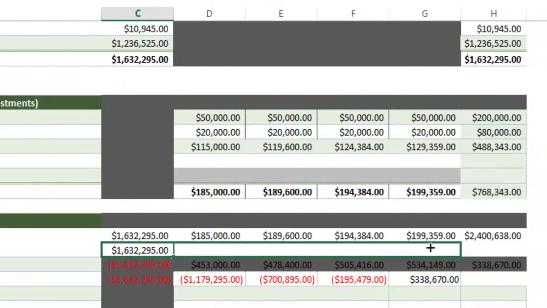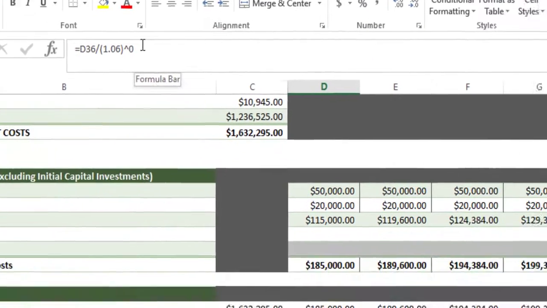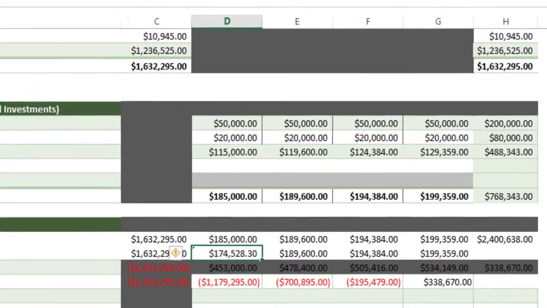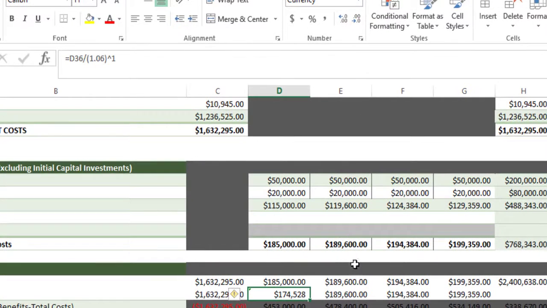I can autofill, but I keep changing this so that this is year 1, and I make sure to remove the decimal places.